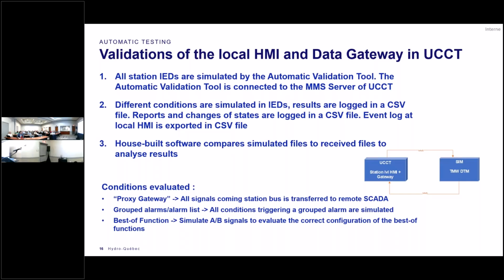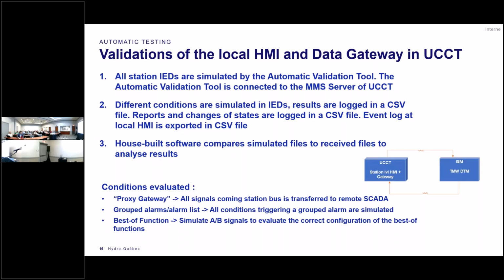We also had a best of function, so it's a merge of the A and B signals. For the operators, they only wanted to see one set of information. However, it was acquired redundantly. So this merge had to respect multiple conditions. So it was not a simple logic OR.